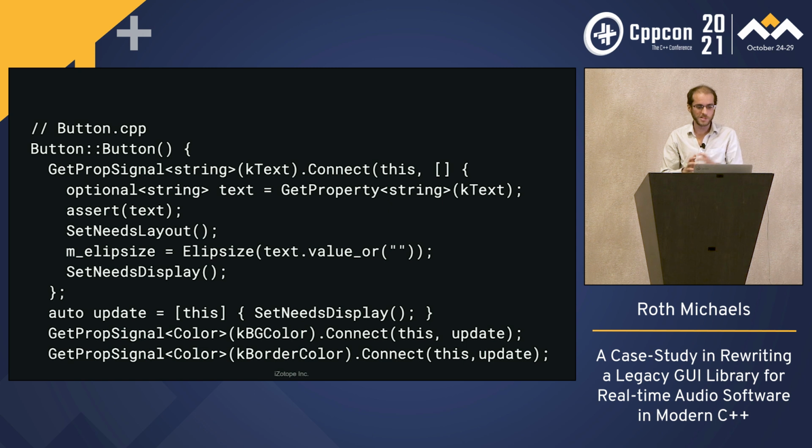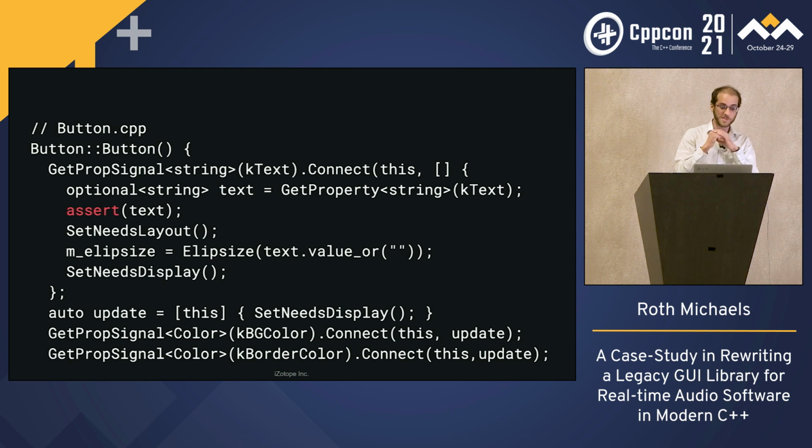It gets a little more interesting when we have more work to do. Imagine this example for the text. We might want to do some other stuff like get the current text, not just repaint, but get the text value and ellipsize it if it's too long for our size or something like this. And one thing you'll note is, remember, get property returns an optional, so we're going to call get property, get our text object, and then assert that text is true so that a developer might get a warning if they screwed up.